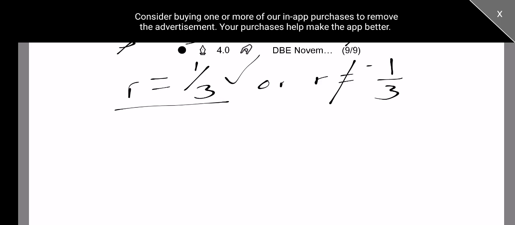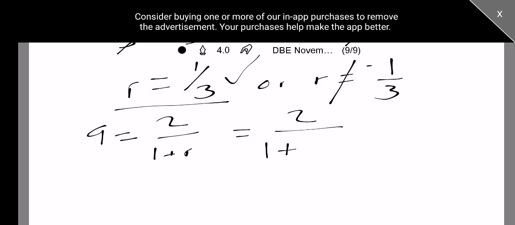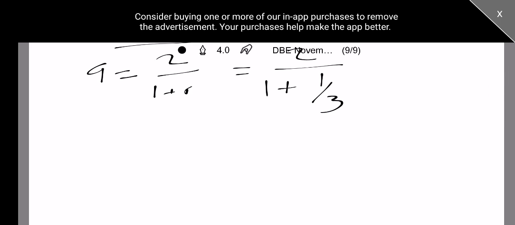You're going to get a mark for that one. So since we've got our value of r, let's now calculate our value of a. a was equal to 2 over 1 plus r. Substitute our r, which is 1 over 3. Let's simplify that. It's going to give us 2 over 4 over 3, since 1 plus 1 over 3 is 4 over 3.